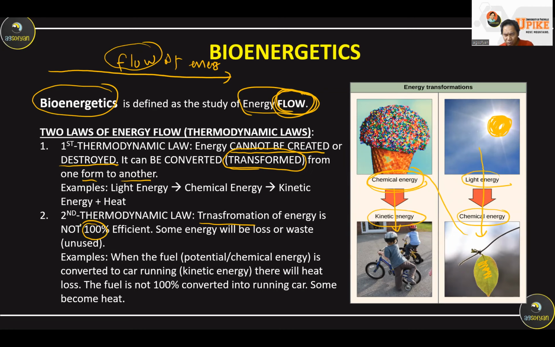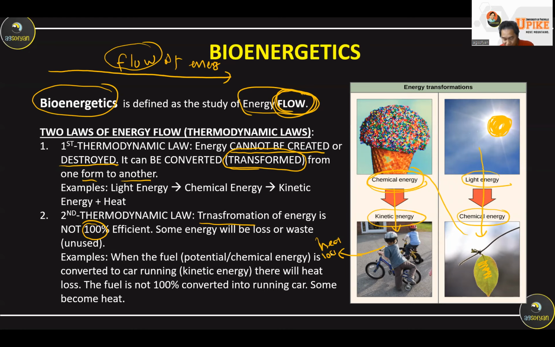It means that there is always something lost from this conversion or transformation. For example, when the kid eats the glucose, the sugars, and uses it as kinetic energy, not all of this chemical energy is actually used as movement. Some of it becomes what we call heat loss.